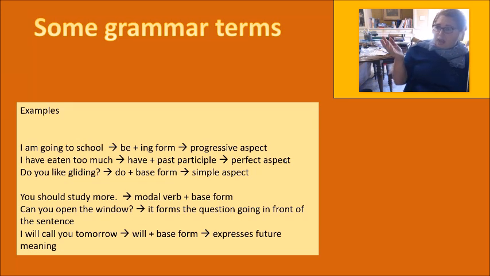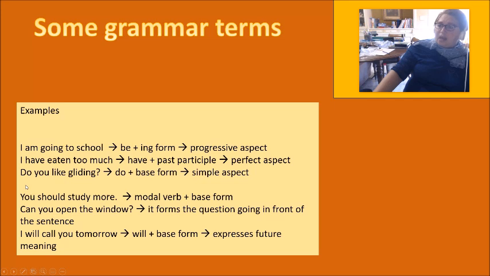We don't mind when, we are only interested in the fact that this action has taken place. It has happened. So I have eaten too much. I don't know, maybe a minute ago, maybe, I don't know, right? So there's no time adverbial specified after the present perfect. And with the perfect aspect, I always need the auxiliary have.